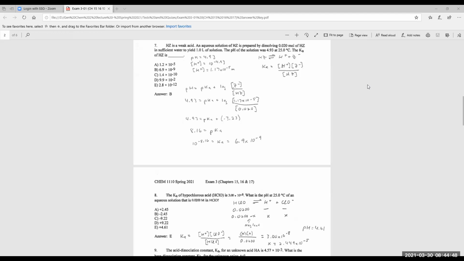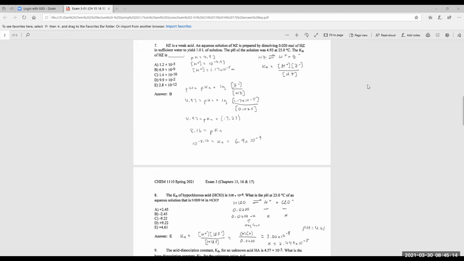And so what we see there is we can calculate the hydrogen ion concentration from the given pH. So remember, pH we were told is 4.93. So that means the hydrogen ion concentration is 10 to the minus 4.93. We go ahead and solve that, we get 1.17 times 10 to the minus 5th molar.